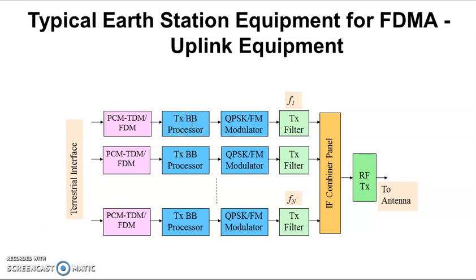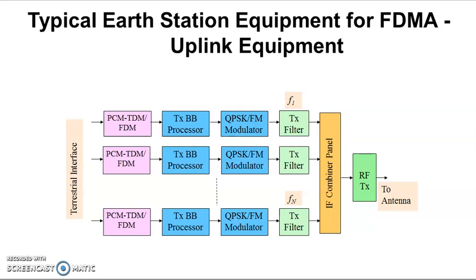You can consider the figure as used for a digital modulation system. The transmit chain operates in this given period of time. The transmit chain shown comprises terrestrial interface equipment.